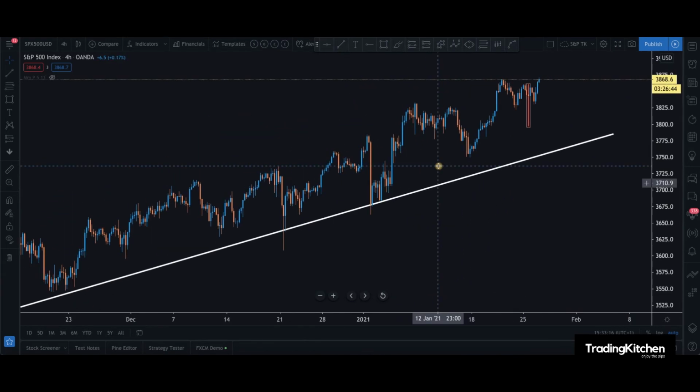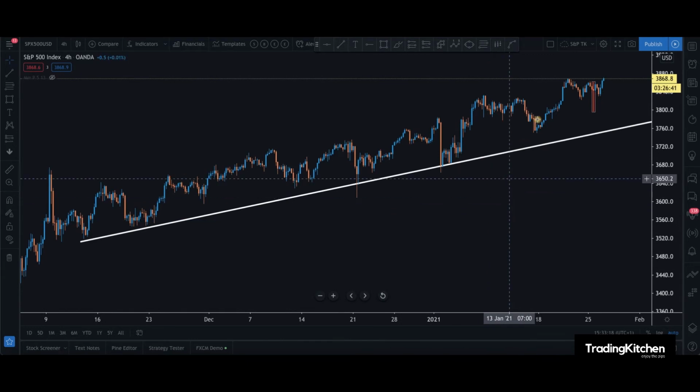But if you see on the larger time frame, on the 4 hour time frame, on the daily time frame, something like this will always happen, as you can see. So what looks like a huge price movement in the small time frames actually is a very normal oscillation in the 4 hour time frame or in the daily.